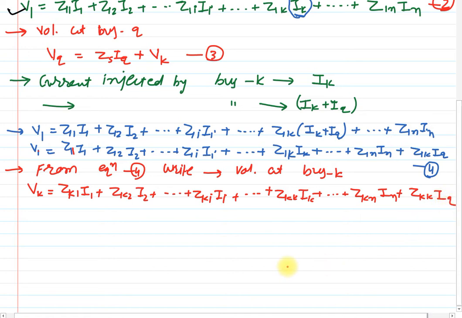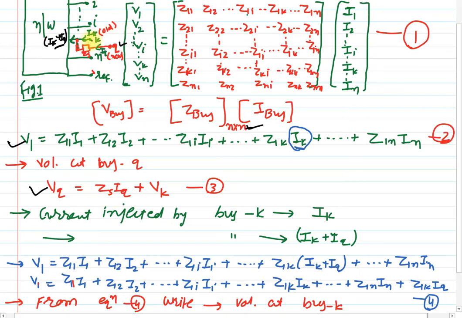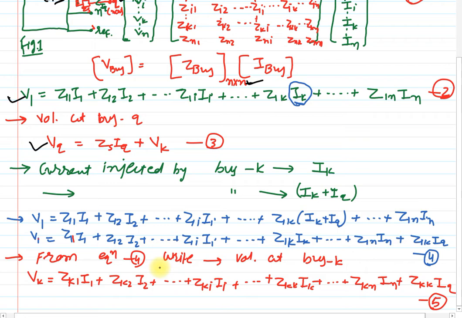Clear? So I hope you have clear up to the equation number 5. Now we have written the voltage at bus k, because ultimately our main objective is we need to calculate the voltage at bus number Q, which is newly added into our system through an old bus K. So we need to just calculate the voltage at bus number K.